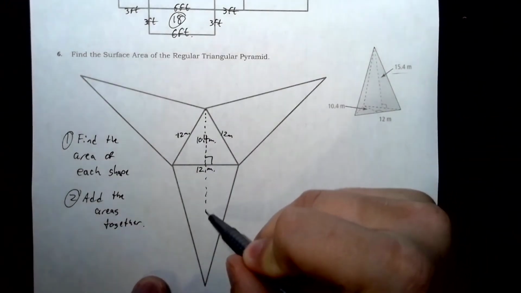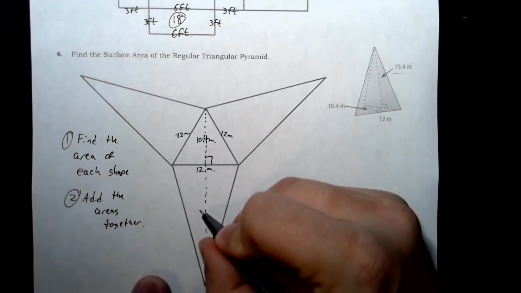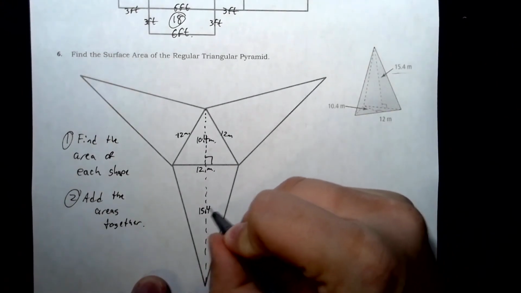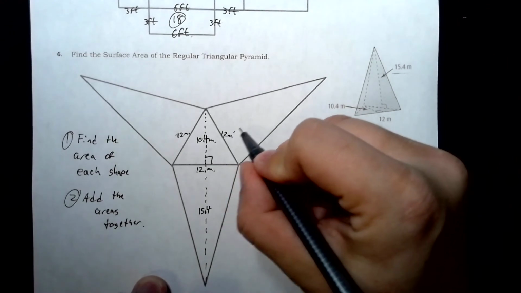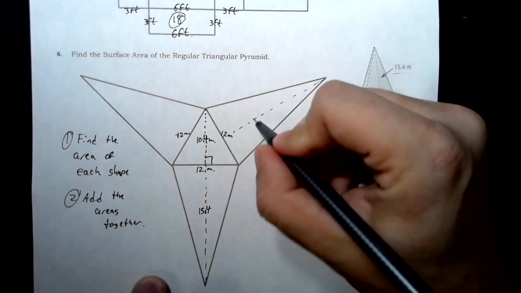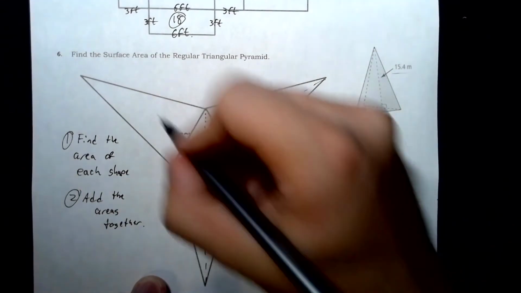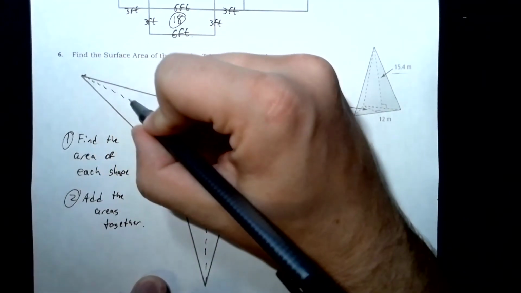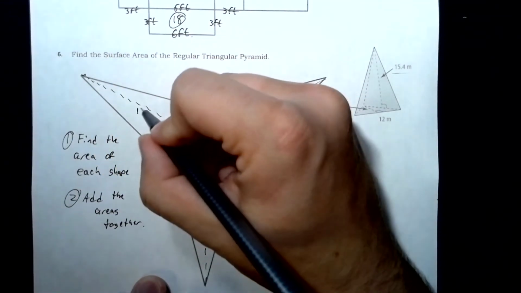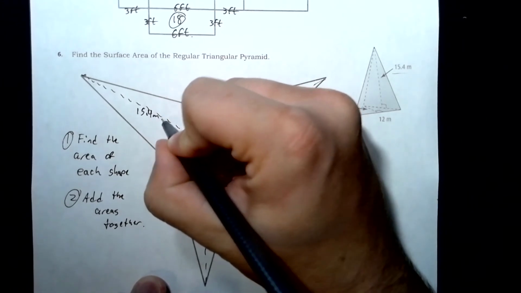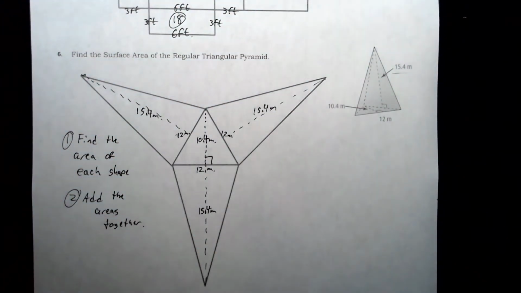So we're going to need to draw some dotted lines. 15.4. Some more dotted lines. 15.4 meters. And our last one, 15.4 meters. All that's left now is to find the area of all of these shapes.